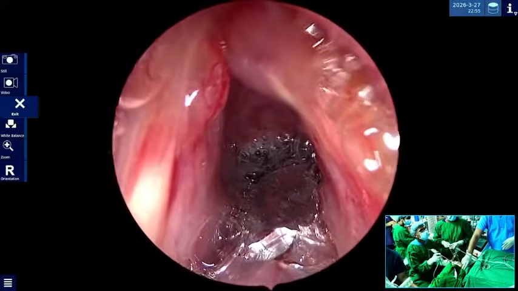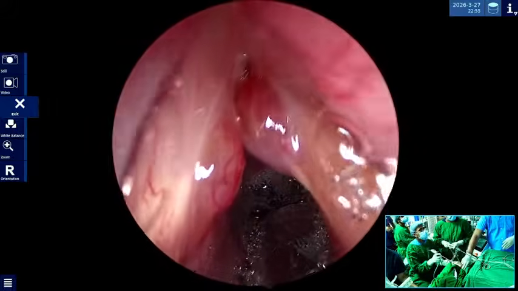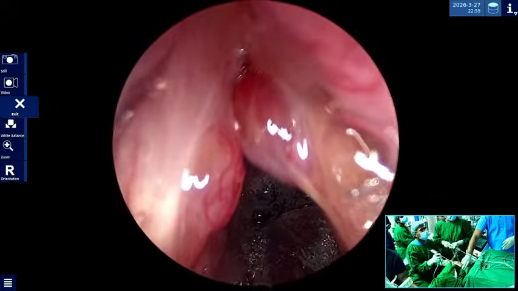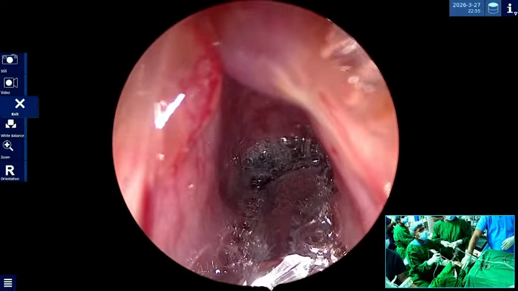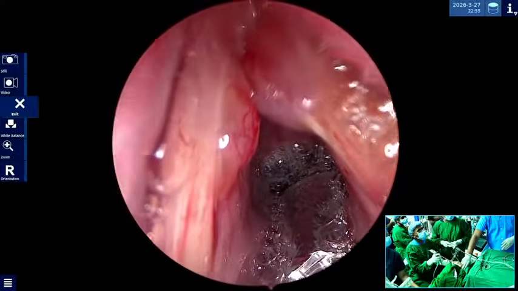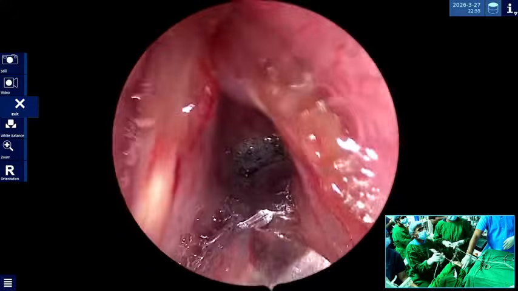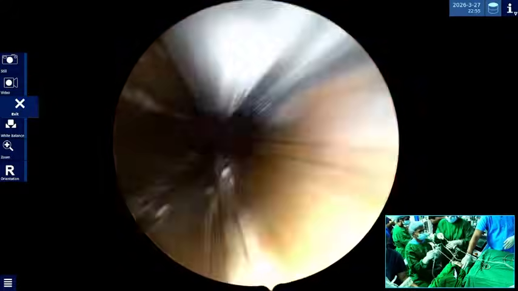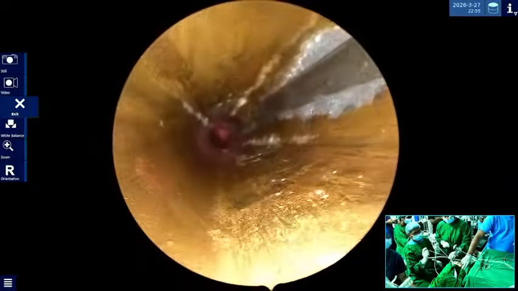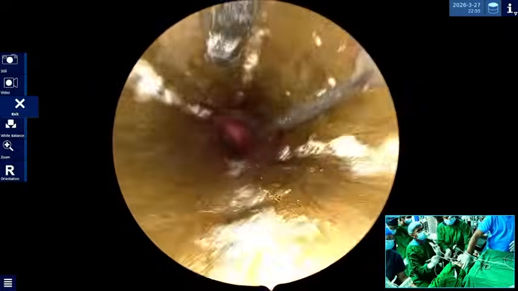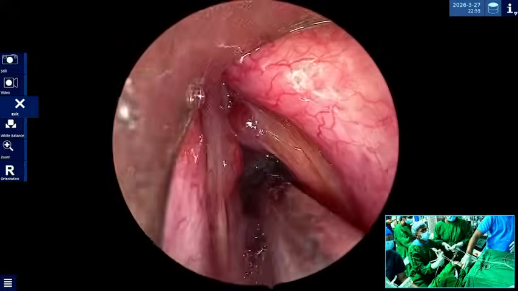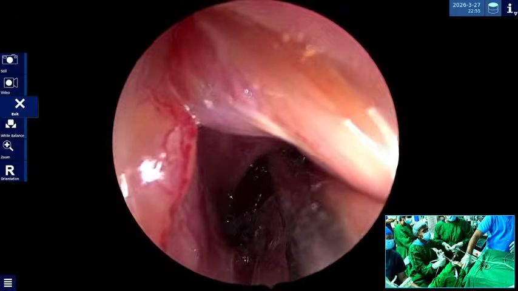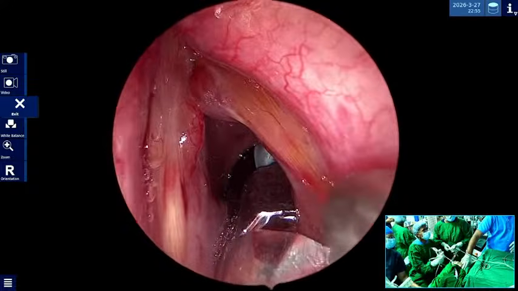But in benign lesions like this, it is always better to have a closer and magnified view of the lesion with the 0-degree endoscope. So this looks like a polyp on the right side and a contact lesion on the left vocal fold.